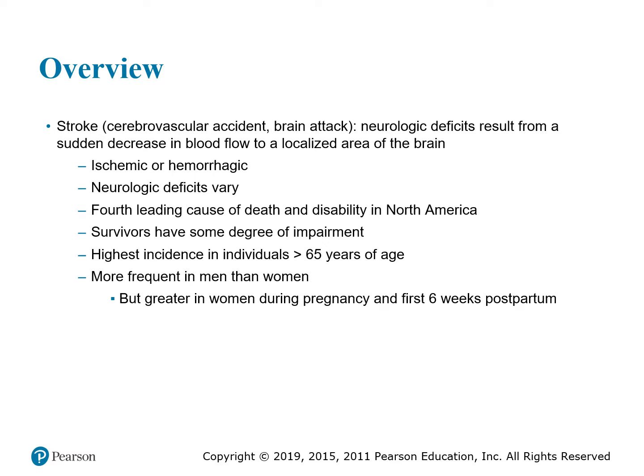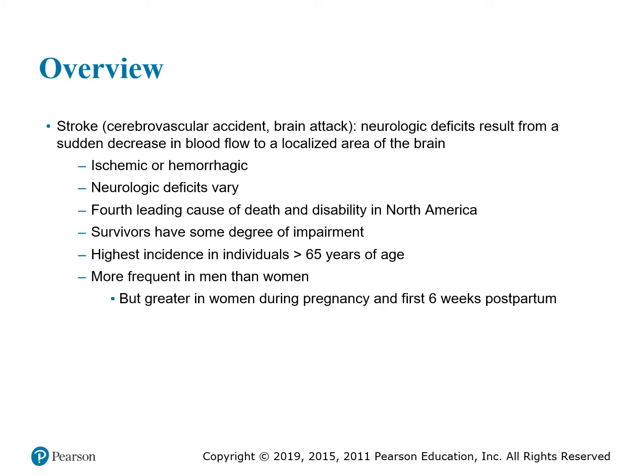So again, you may just see minor side effects because maybe the occlusion was very short, or you may have severe damage to the vessel and the side effects are permanent. Once you have paralysis from a stroke, that cannot be repaired. You'll always be paralyzed.